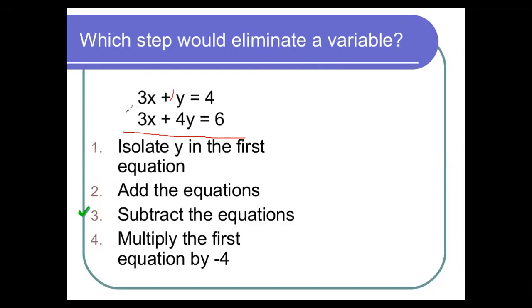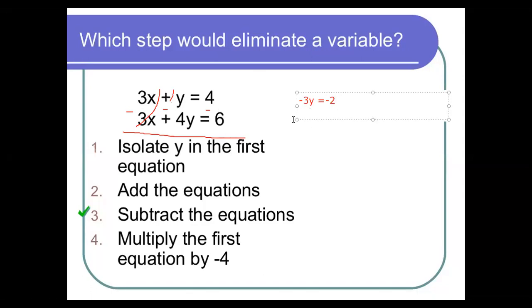Then we will change all the signs of the second equation. Now 3 minus 3 equals 0, gone. 1 minus 4 is negative 3y, equal to 4 minus 6, which is negative 2.